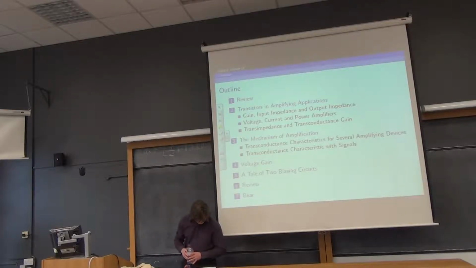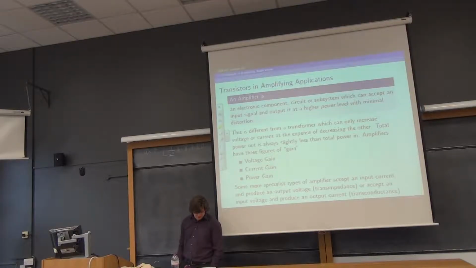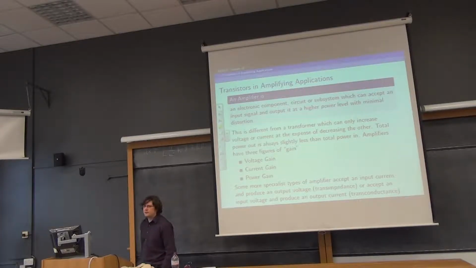In the meantime, if I had a question which said define an amplifier, a good set of words would be an electronic component, circuit or subsystem which can accept an input signal and output it at a higher power level with minimal distortion. There it is. So this is different from a transformer, as I said some time ago when we started transistors.